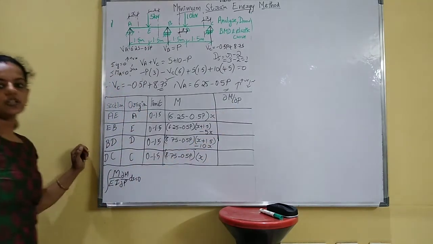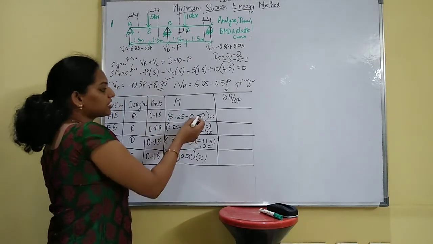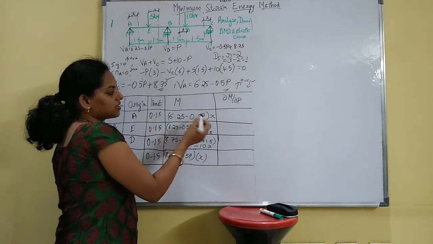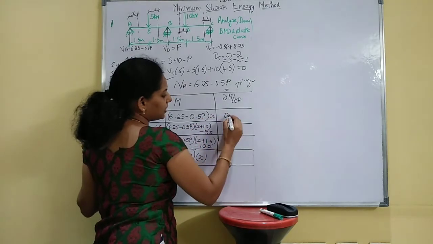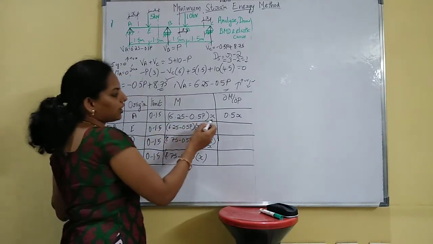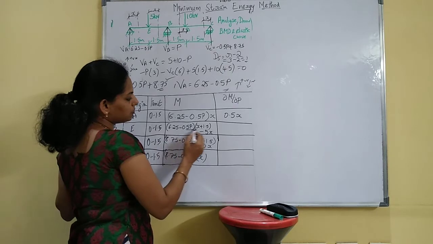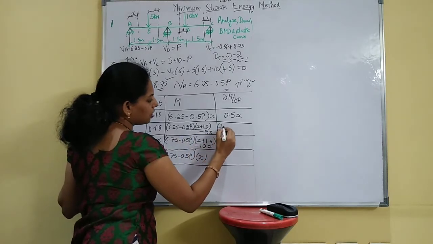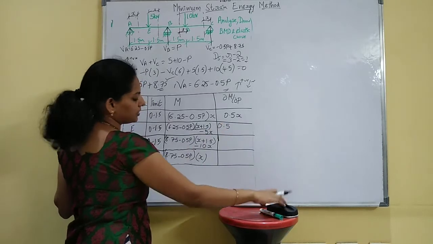Dou M by dou P is nothing but the differentiation of each member with respect to P. Differentiating with respect to P, here you have this term, so you multiply by 0.5 X also, so you will get 0.5 times X, with a minus sign.